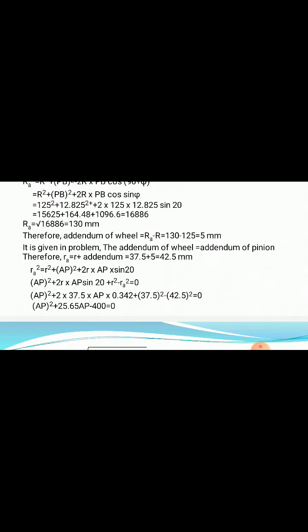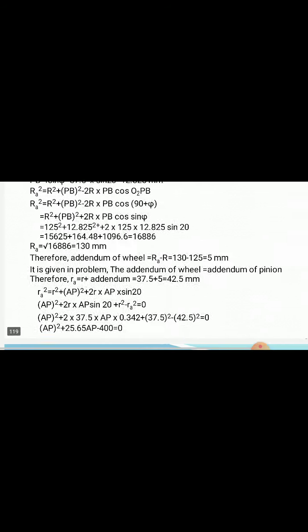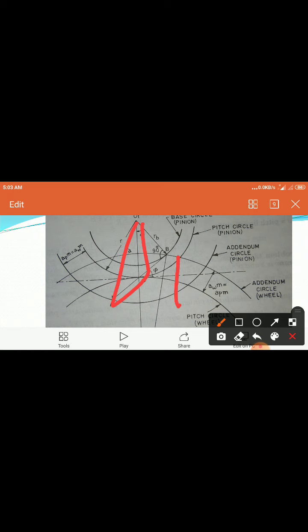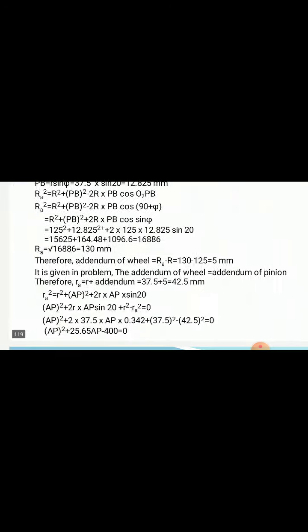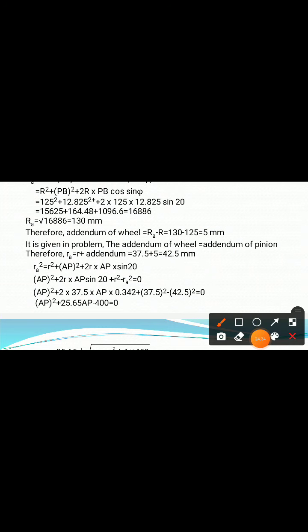Again, considering triangle O1AP, we can write a similar equation to the one we wrote previously for the other triangle. Similarly, RA square is equal to R square plus AP square plus 2R into AP into sine 20.